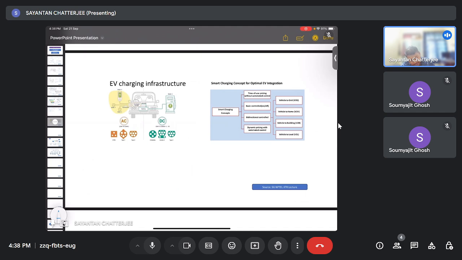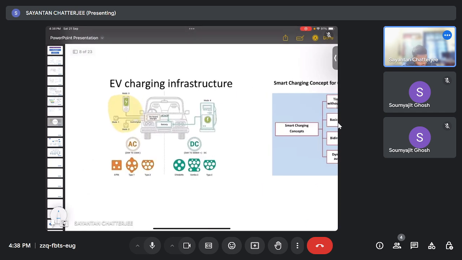Next, it comes to the EV charging infrastructure. So, firstly, what we can see from this picture is that here we have EV charging infrastructure. Mostly here we have mode 1, mode 2, control pilot, mode 3 charging.